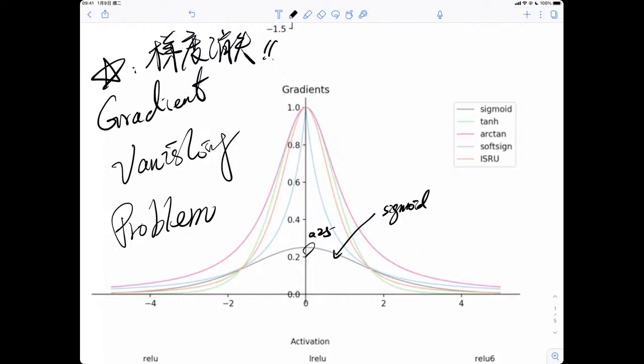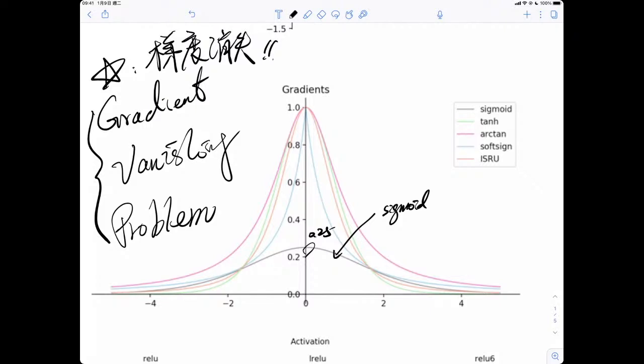If you have many layers, and each layer has an activation function, and you use the sigmoid function, you usually encounter a problem called the vanishing gradient problem, which means the information will be lost in such a deep neural network, because each layer has a very small gradient to pass the information from the left hand side to the right hand side.